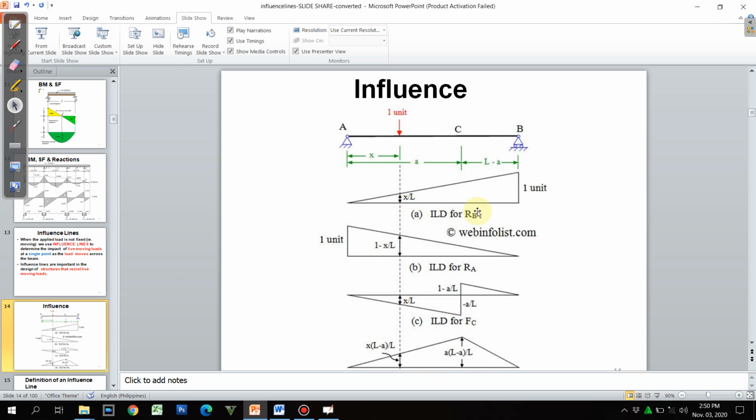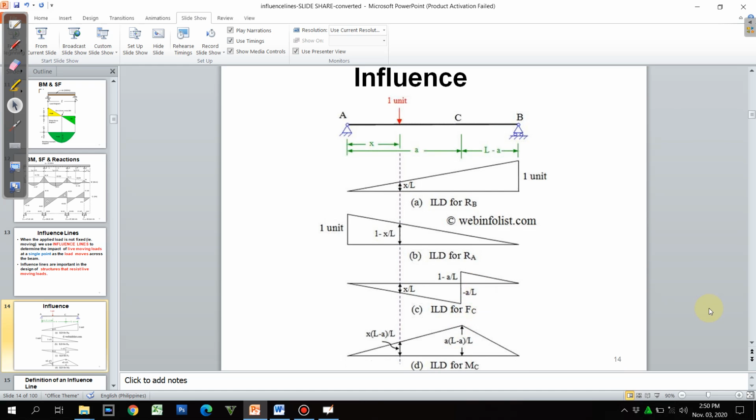Here is a sample of the influence line. Say a simple beam, where there is a reaction at B, the influence line diagram for the reaction at A, the influence line diagram for the shear at C, and we could also have the influence line diagram for the moment at C.